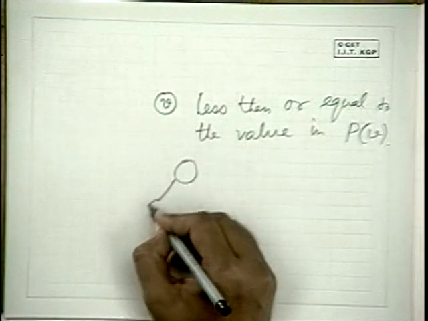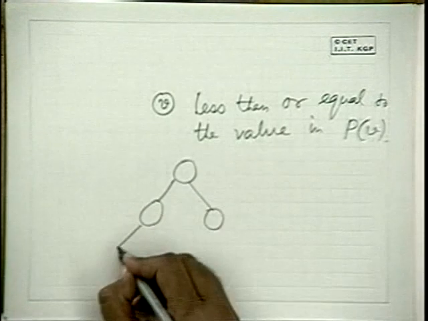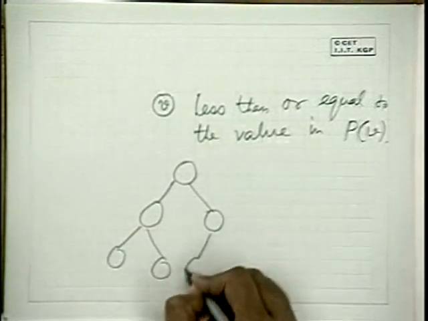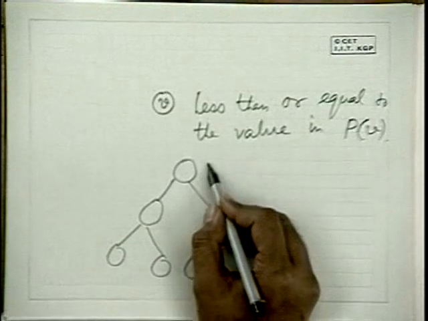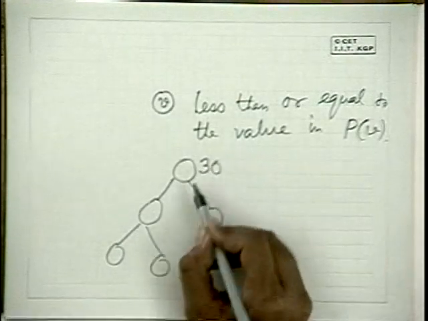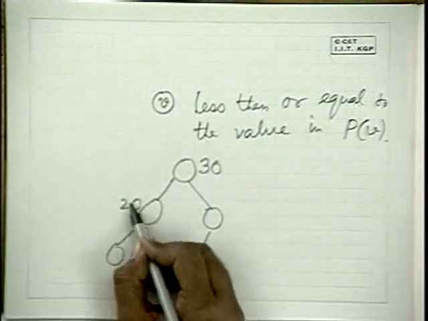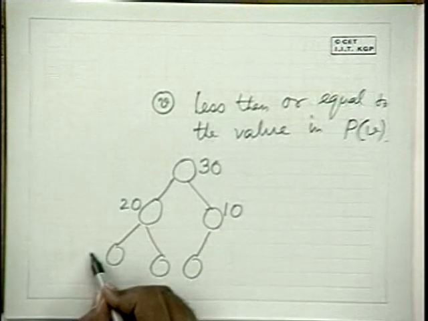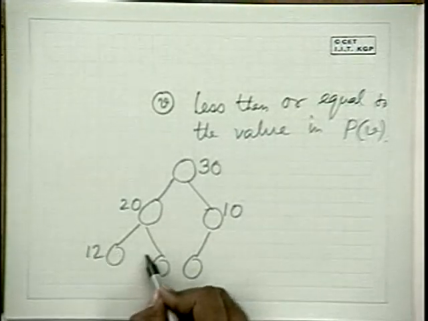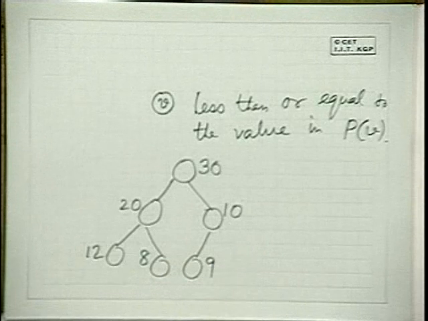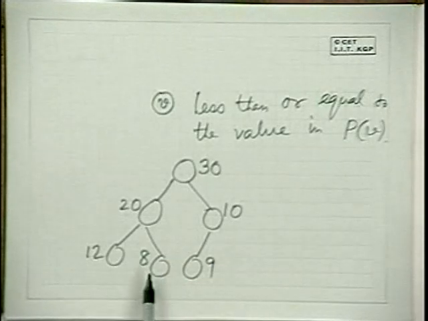Okay. So basically suppose I take this, so I can put say 30, 20, 10, 12, 8, 9. This satisfies this property.